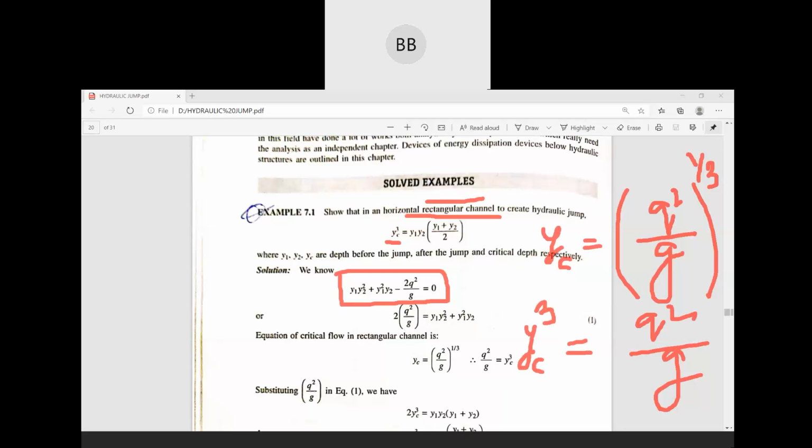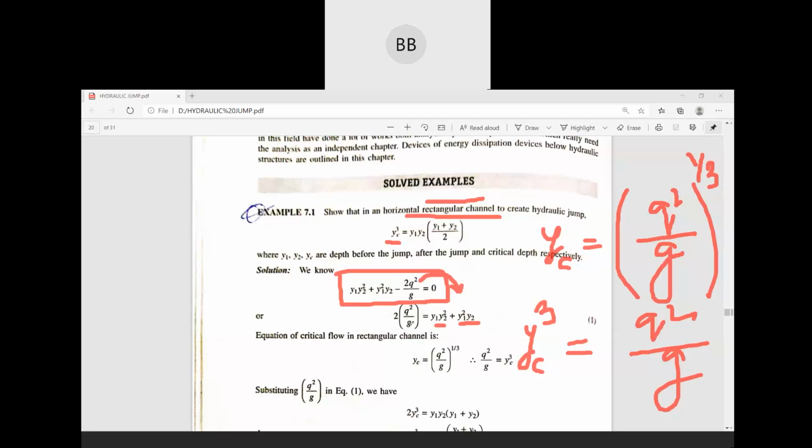You can write like this also. So here, if you see we have q square by g. We bring this to the other side. It will be negative, so here it will be positive. So twice will be there. We have q square by g is equal to y1 y2 square plus y1 square y2.